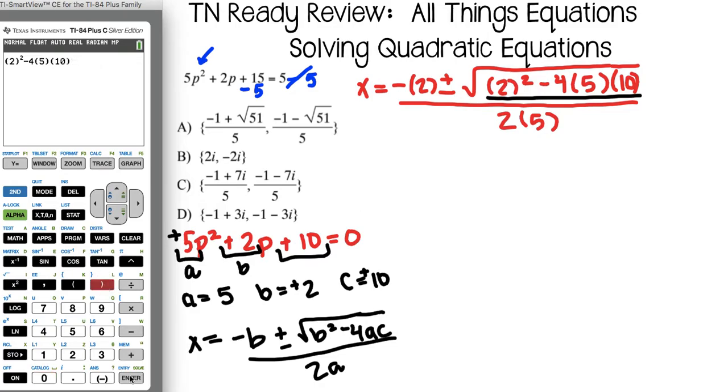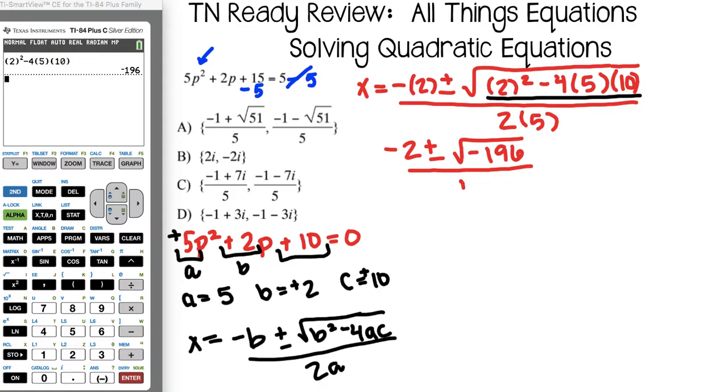So I'm typing in my numbers, and what I see is negative 2 plus or minus the square root of negative 196 all over 2 times 5, which is 10.